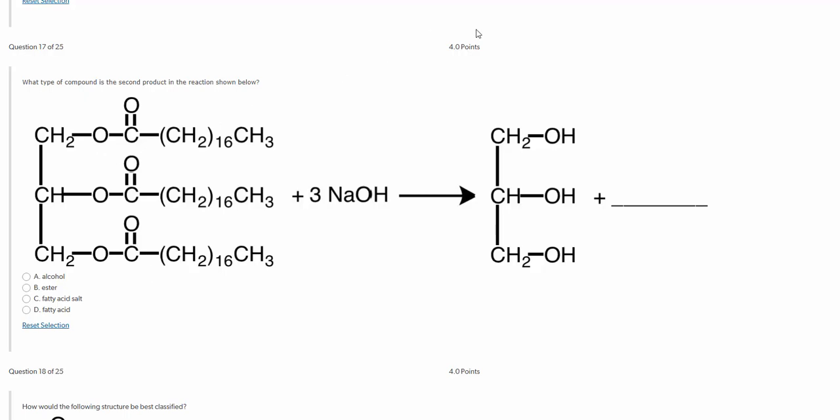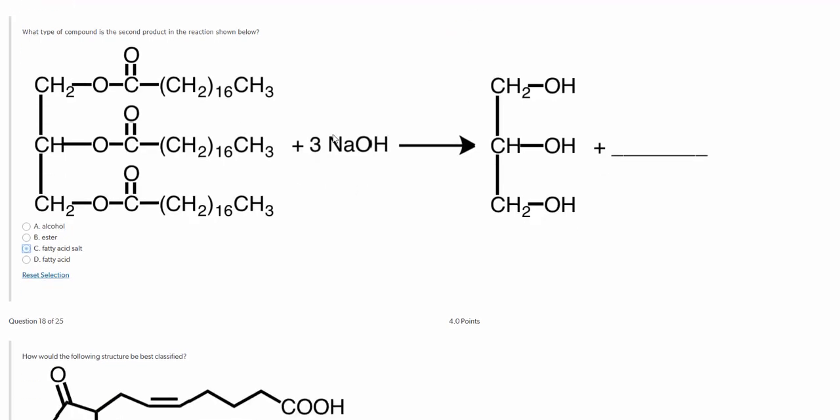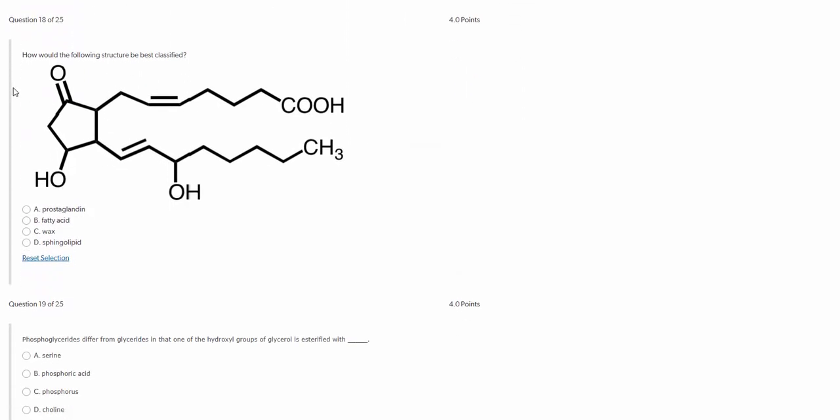Number 17, what type of compound is the second product in the reaction shown? So here you have your glycerol that is formed. So what else is formed? Well, that is called a fatty acid salt. Because of the sodium here, we have that counter ion and they form the carboxylate salts, the fatty acid salts. Number 18, how would the following structure be best classified?